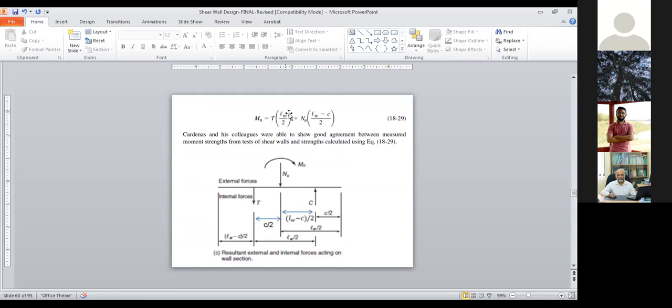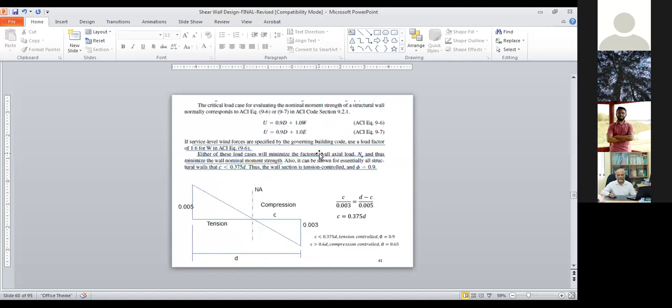If you take the moment about the center, the equation will be different, of course. We take the moment about the compression force, and finally we have these equations.